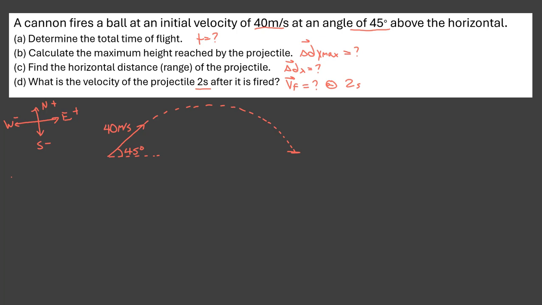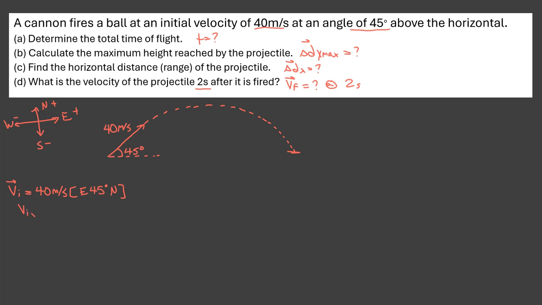So I'm going to write down what I know. I know that our initial velocity is 40 meters per second, and that's east 45 degrees north. This can be broken down into its two components, its x and y component.